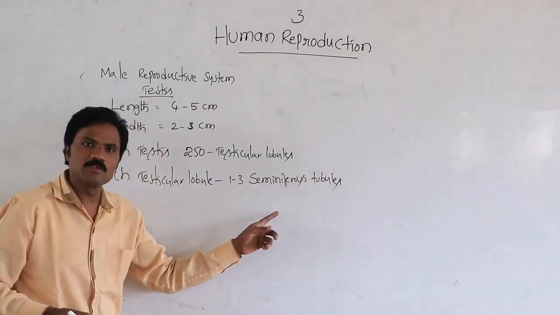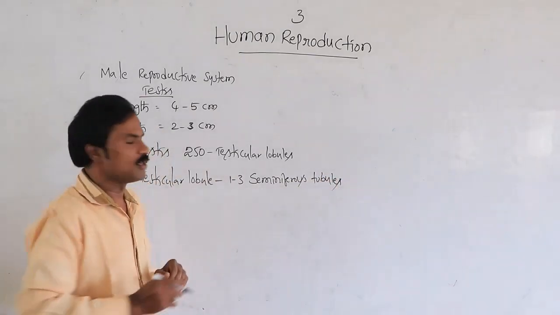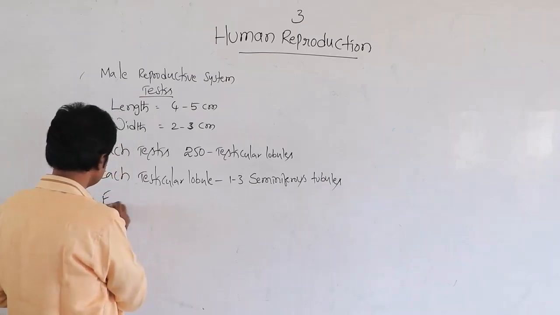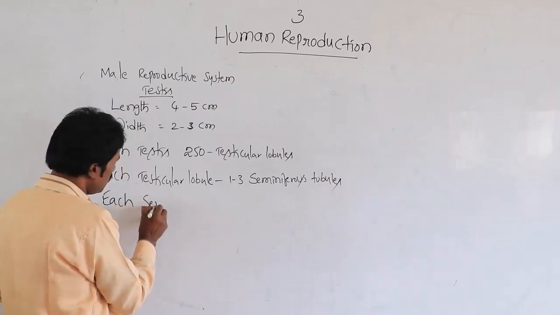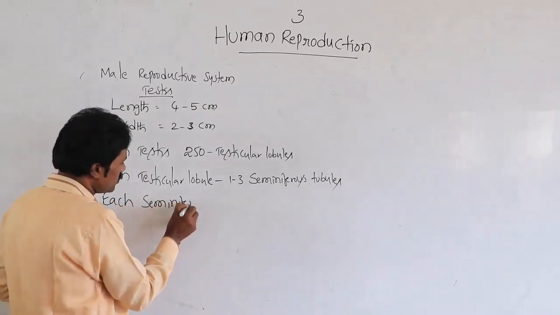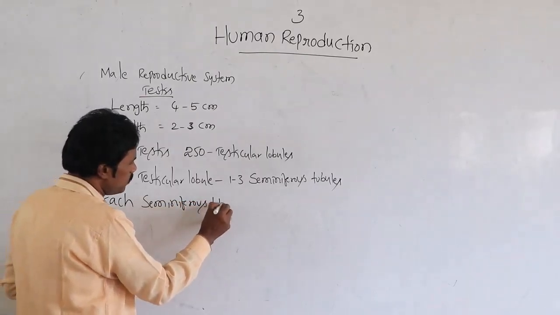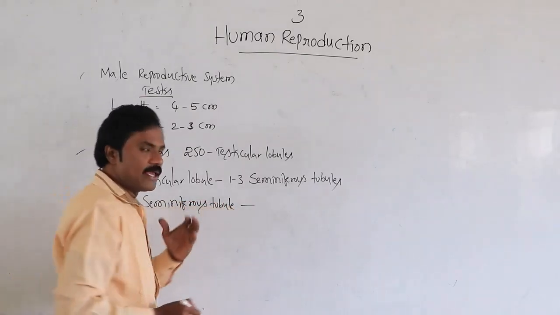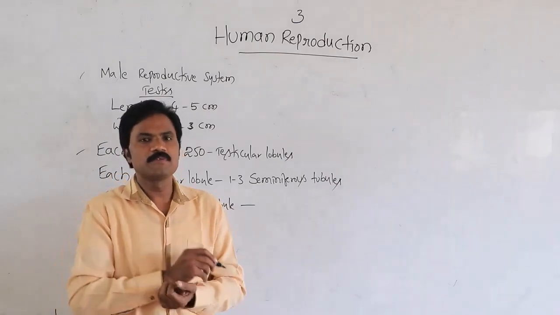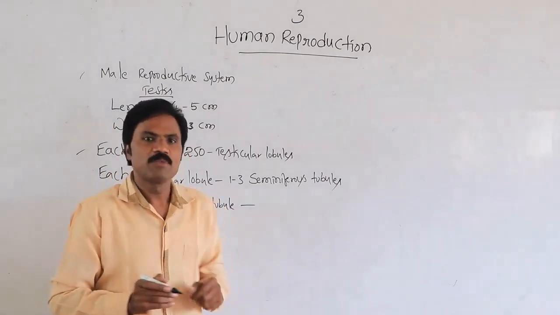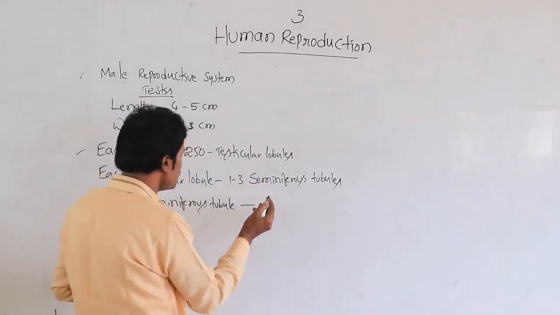Each and every seminiferous tubule is lined with two types of cells, and one is the male germinal cells.